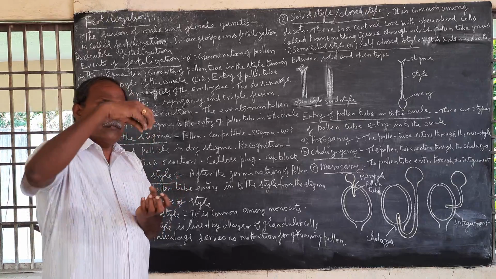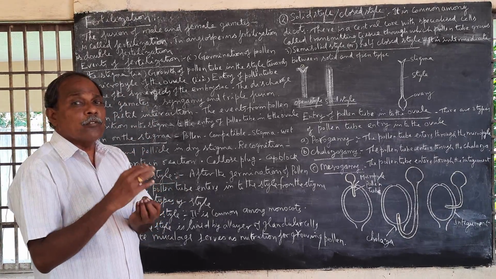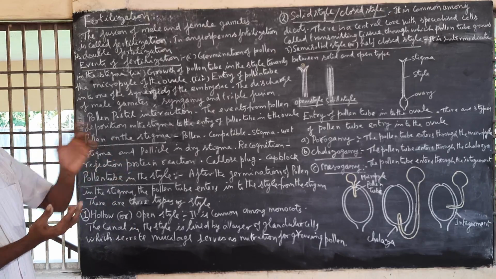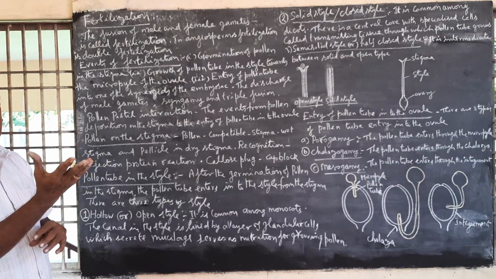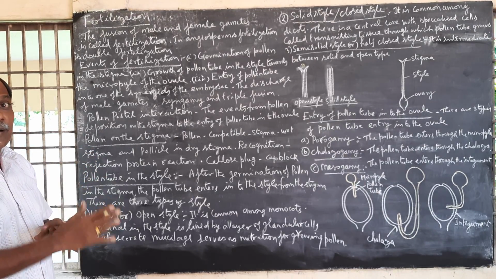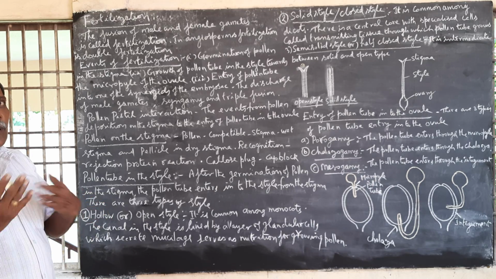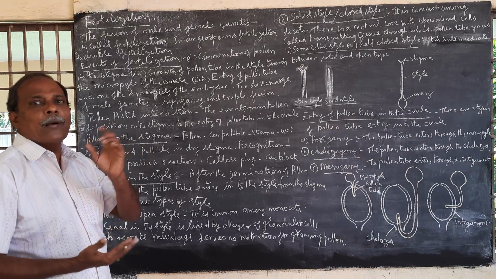When pollen gets deposited onto the stigma, it will germinate. During germination, it produces a certain protein. That protein interacts with the protein of the stigma. At that time it either favors germination of the pollen or inhibits it. Even for the same species, there can be self-incompatibility.